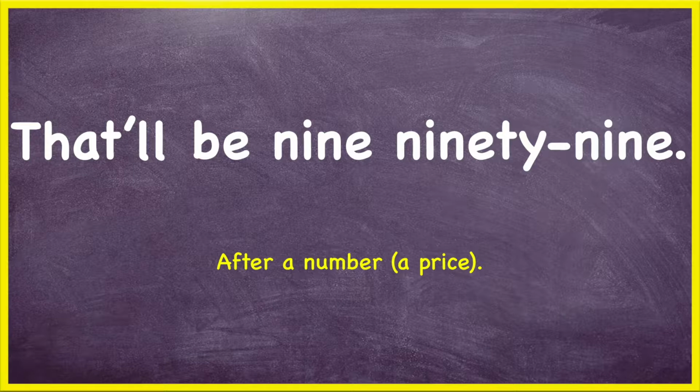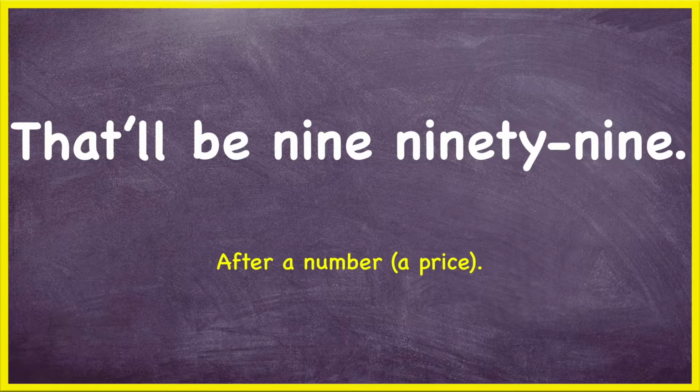Okay, this one is very common. That'll be $9.99. Now, we know it depends what country you're in, right? So if you're talking in American currency, we would know it's dollars. But you don't have to say dollars. If you're in the UK, you don't have to say pounds.